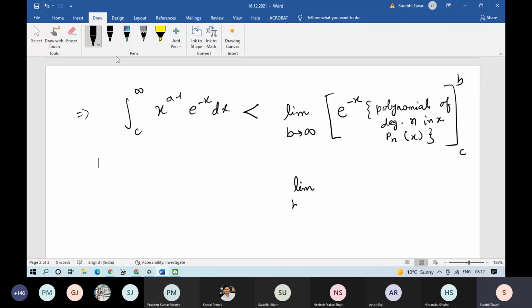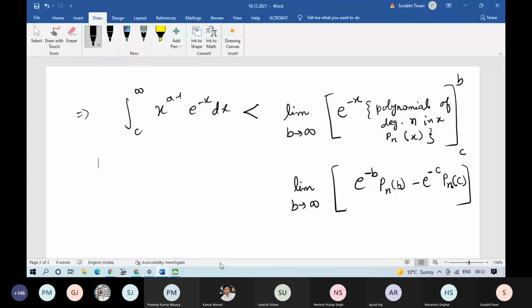Limit as b tends to infinity. We are not integrating, we are just writing e raised to the power of minus b into whatever polynomial comes, its value at the point b, minus e raised to the power of minus c into whatever polynomial comes, its value at the point c.